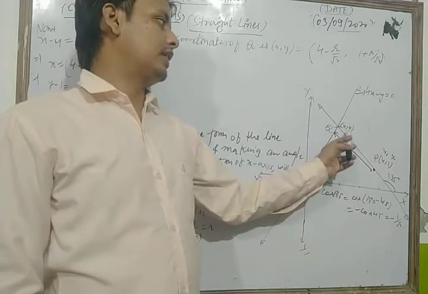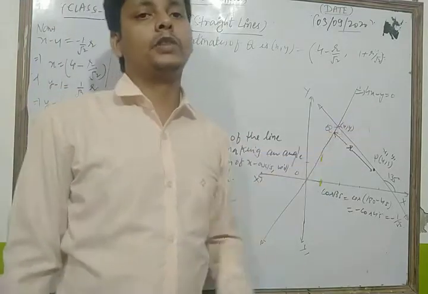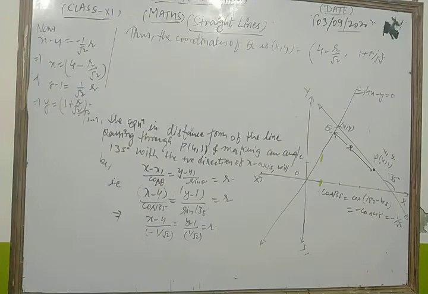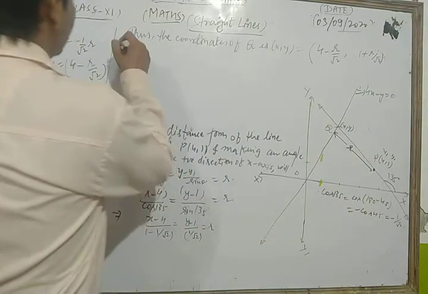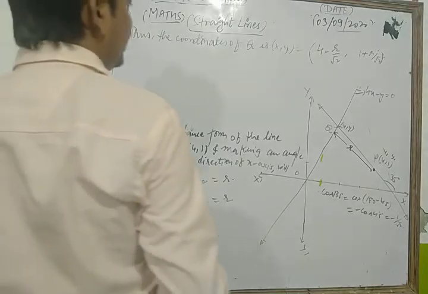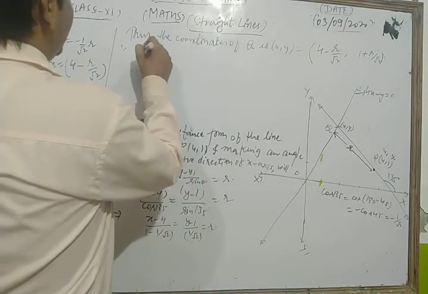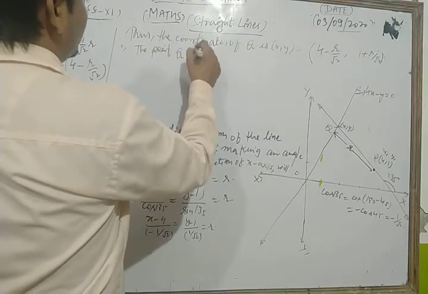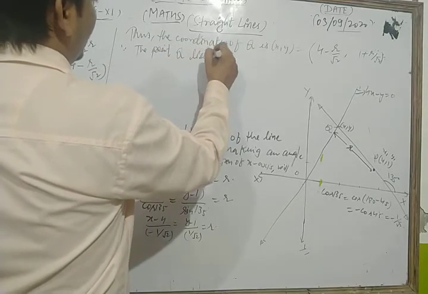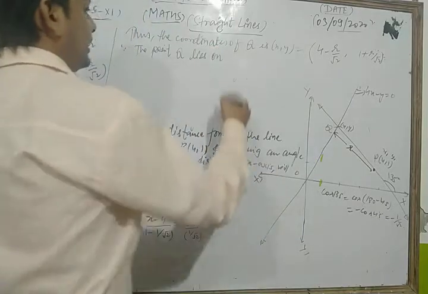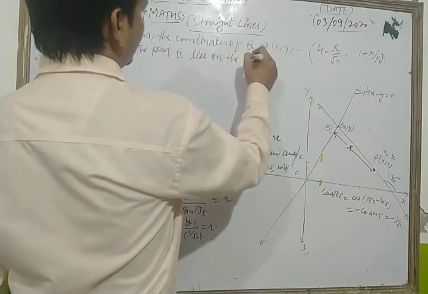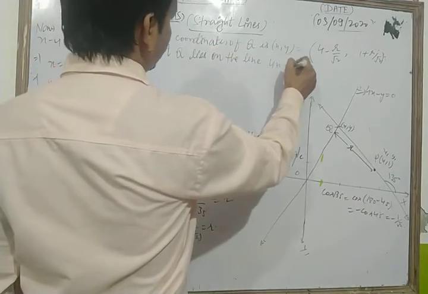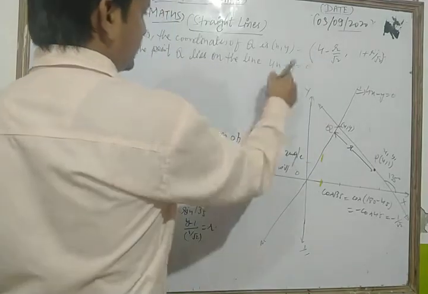Okay, now look, since the point Q lies on the line 4x minus y is equal to 0.